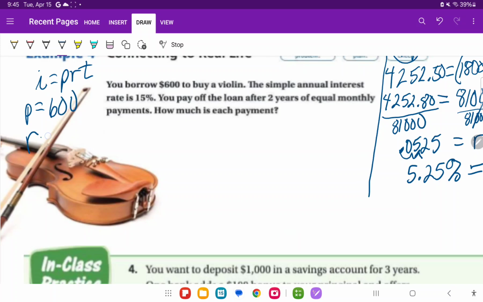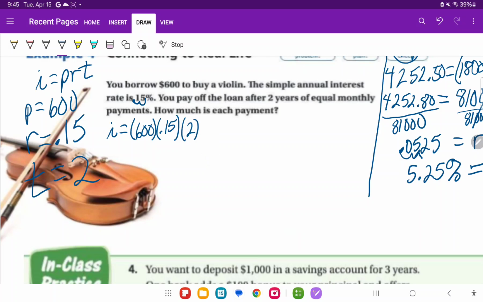The rate is, we're going to move this over 1, 2, so that's 0.15. And the time is 2 years. So my interest is going to be the principal times the rate times the time.